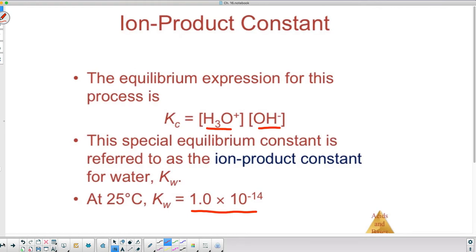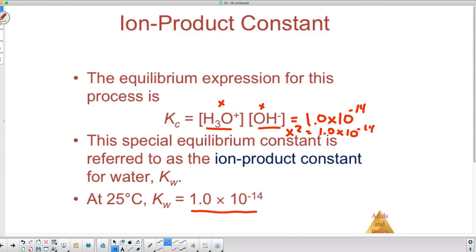That means that this amount here is 1.0 times 10 to the negative 14th. If each one of these is x, then x squared equals 1.0 times 10 to the negative 14th.